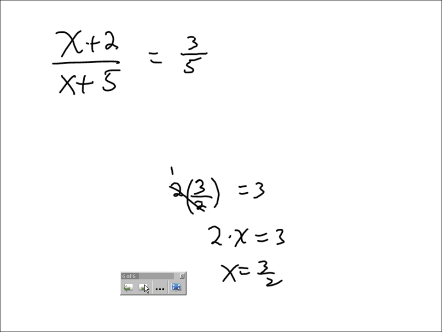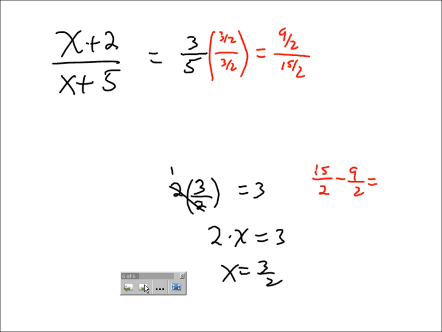So I'm going to multiply by 1, by 3 over 2 over 3 over 2. The top will be 9 over 2, and the bottom will be 15 over 2. And just for the record, 15 over 2 minus 9 over 2 is 6 over 2, which is 3. That is, the bottom is 3 more. Wonderful.